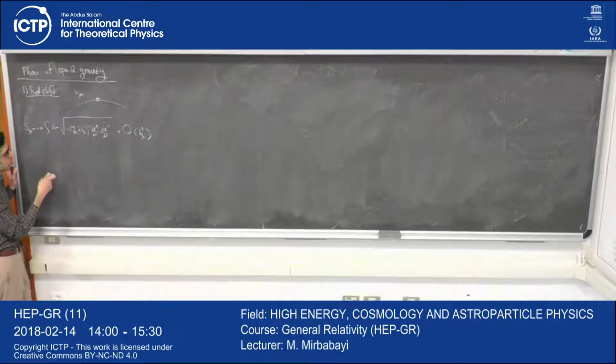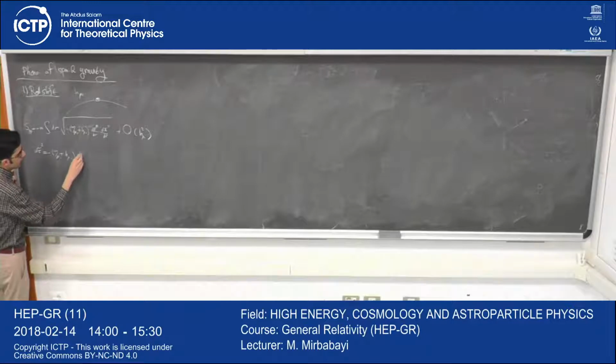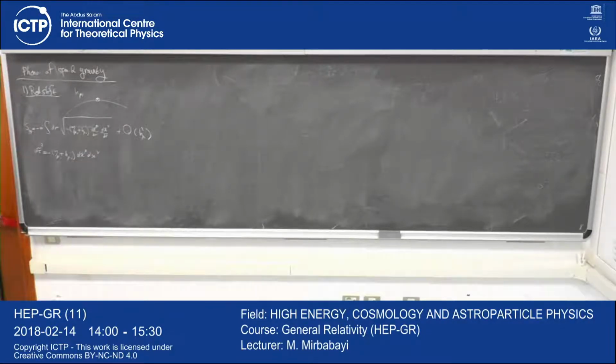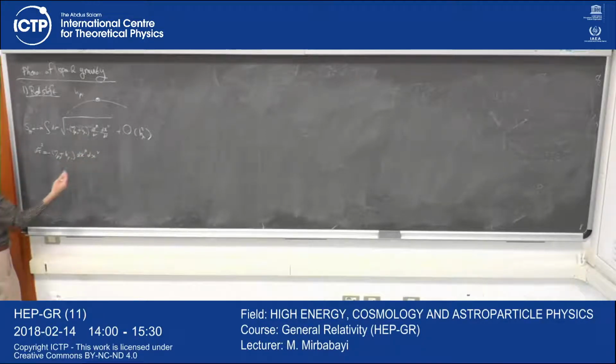Or in terms of the old coordinates, if we define a new invariant time, which is minus eta mu nu plus h mu nu times dx mu dx nu. So you can either think of it as the scaling of my coordinates or just the redefinition of the time.